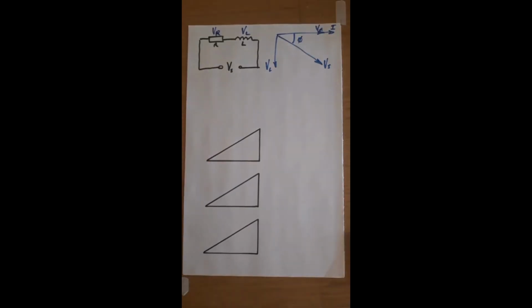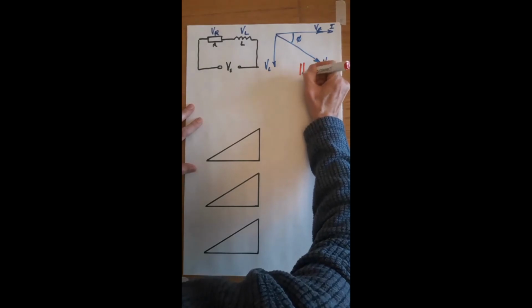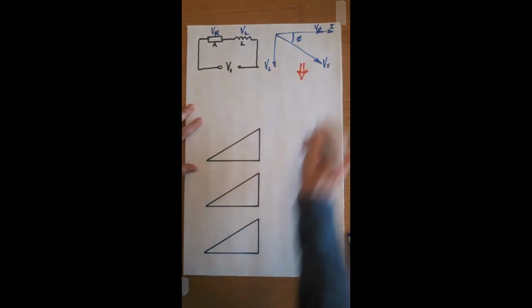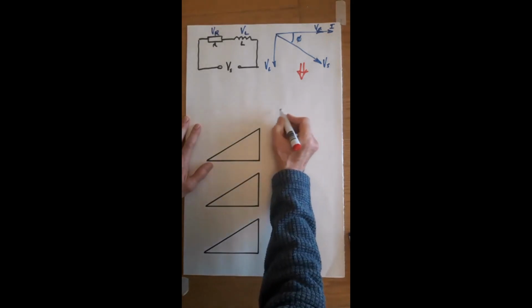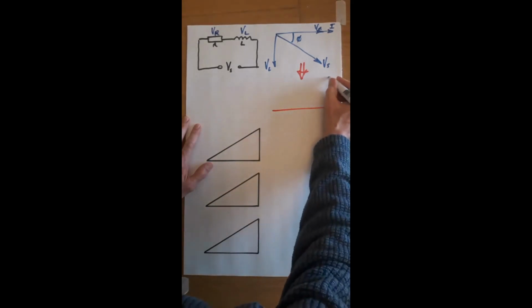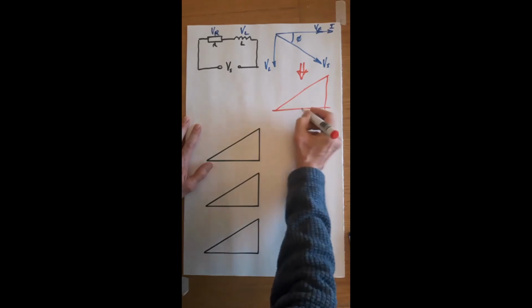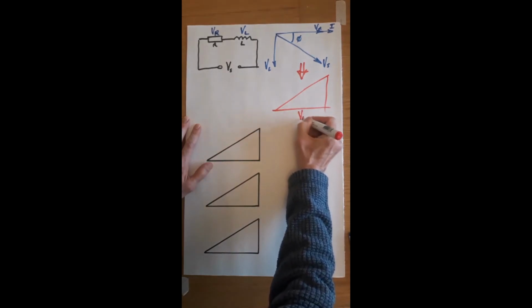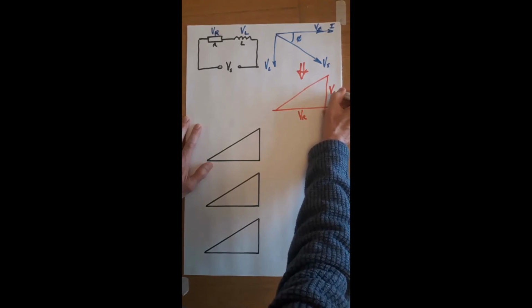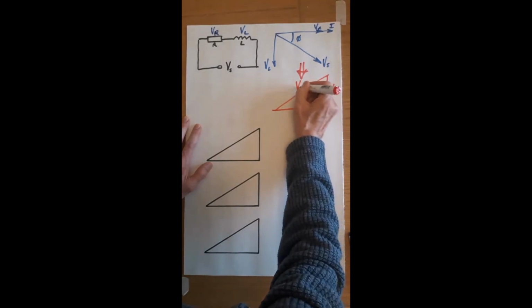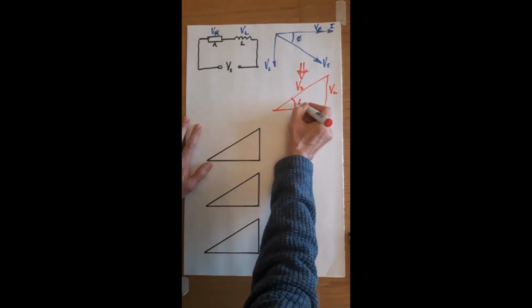I can take that and I can change that into a triangle. I'll draw it in this orientation. So our triangle is going to look like this with the resistive element horizontal, VR. This side is VL and this is VS. Here is phi.